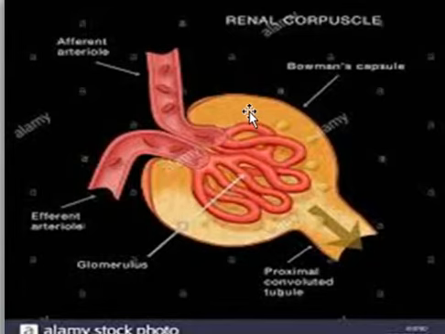The Bowman capsule has two layers of cells. The outer is squamous epithelium, and the inner layer in contact with the glomerulus is the visceral layer, consisting of podocyte cells.